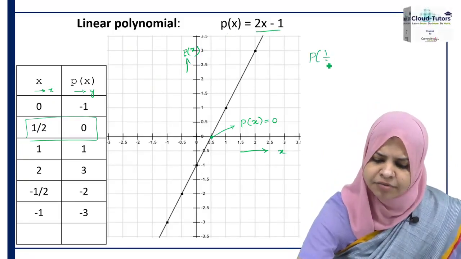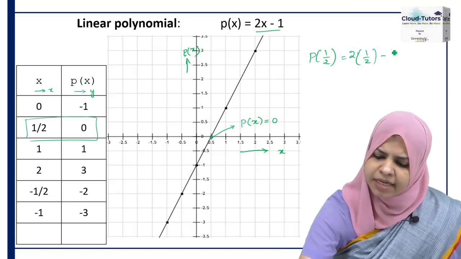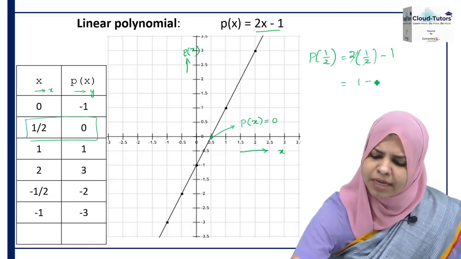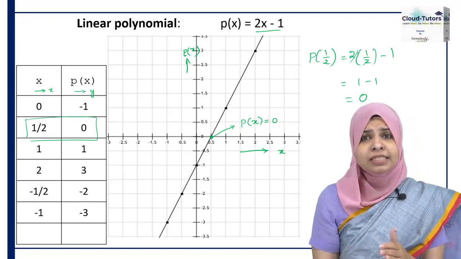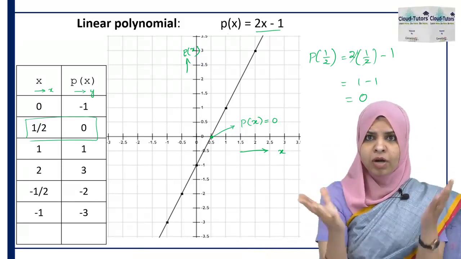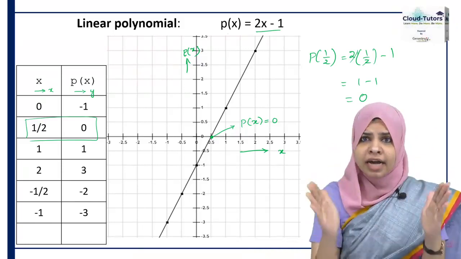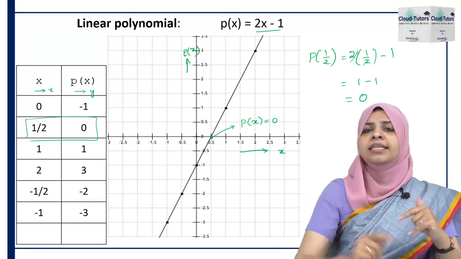P of half is equal to 2 into half minus 1. 2 and 2 gone. 1 minus 1 is 0, right? So what does it mean? It means that whenever you plot a polynomial on a graph, it crosses or cuts the x-axis.